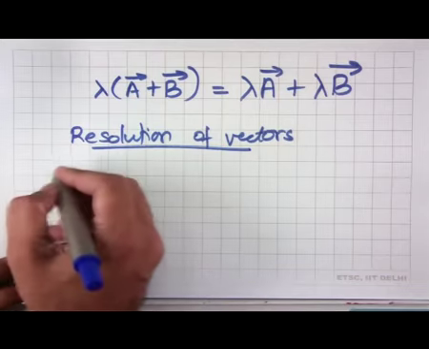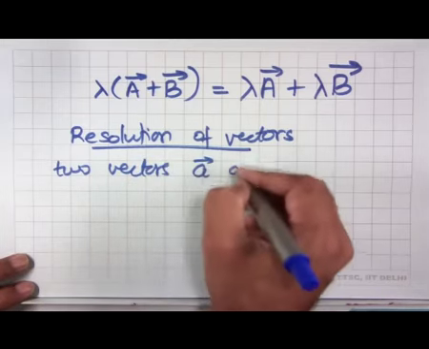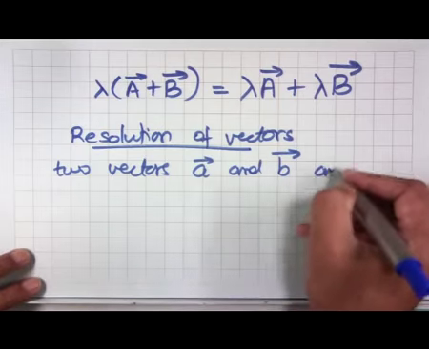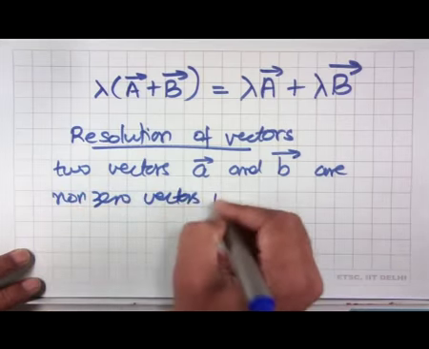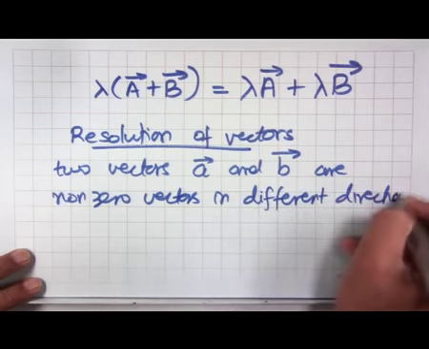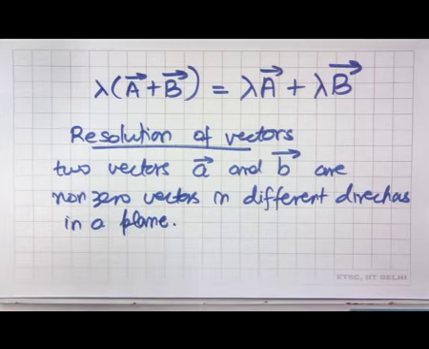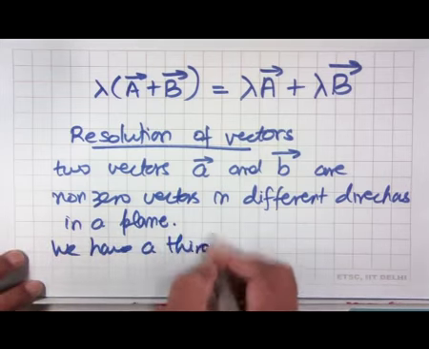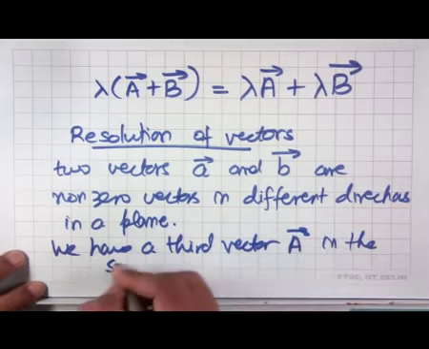Suppose we have two vectors a and b which are non-zero vectors in different directions in a plane, and we have a third vector A in the same plane.